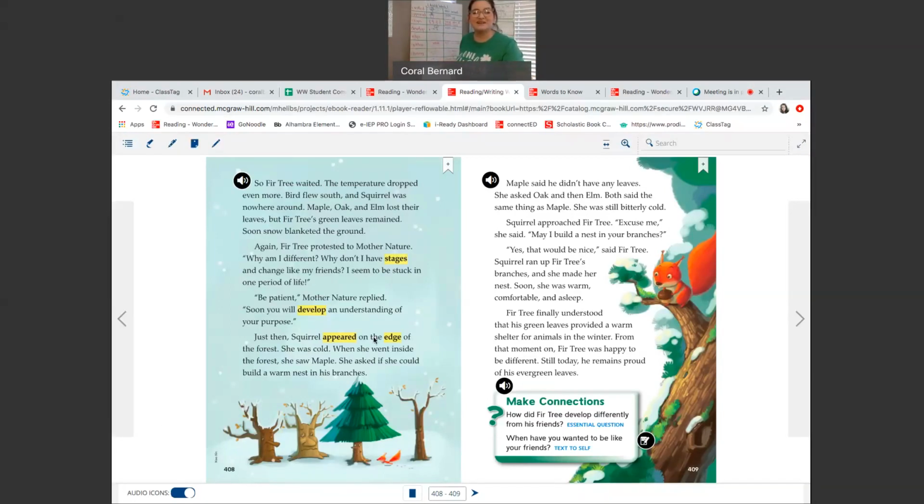Our last word is edge, and I want you to think about your math vocabulary from last week. Remember, the edge was right at the tip of something. If I have a cube, the edge is right there on the end. If you're thinking of the Grand Canyon and you're looking over the cliff, you're looking over the edge of the cliff.